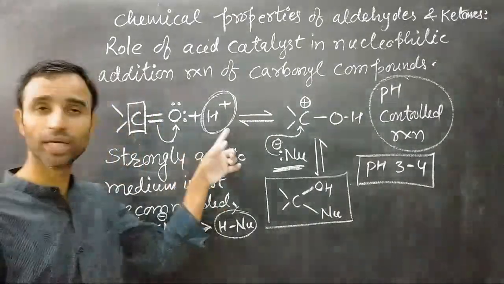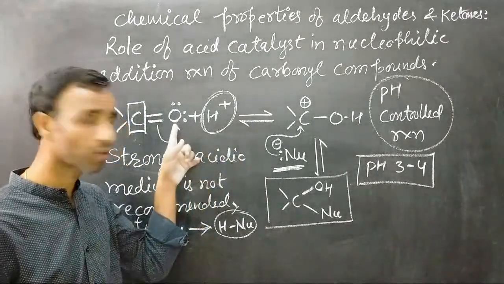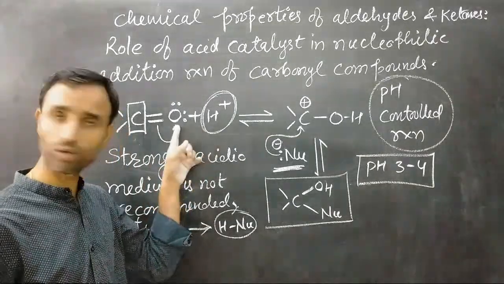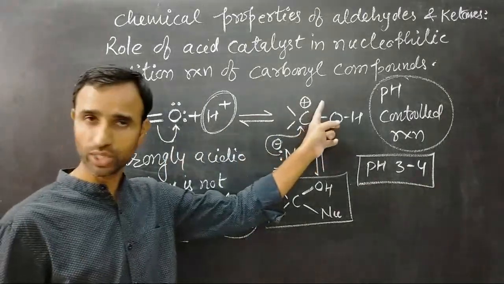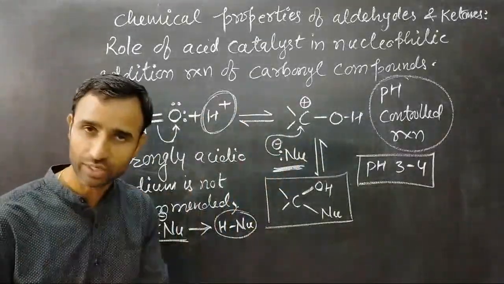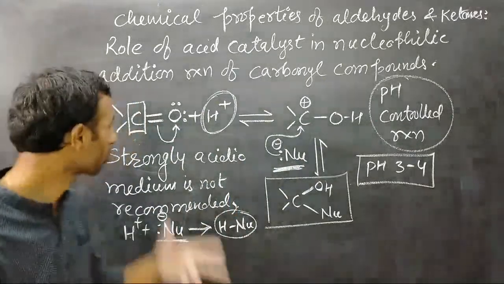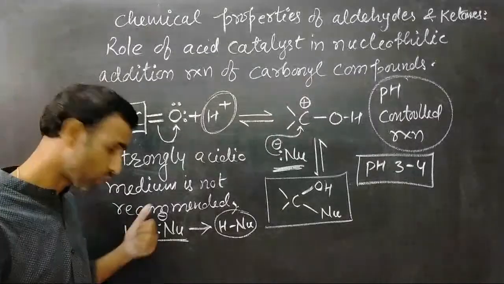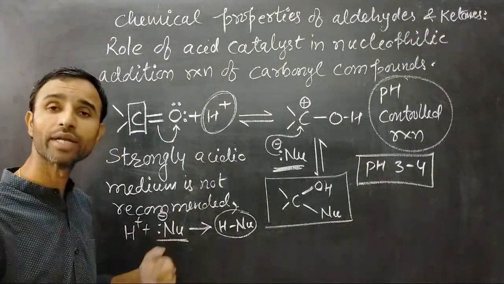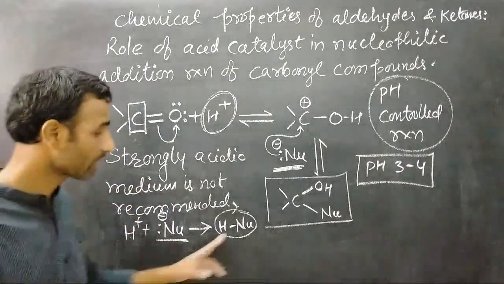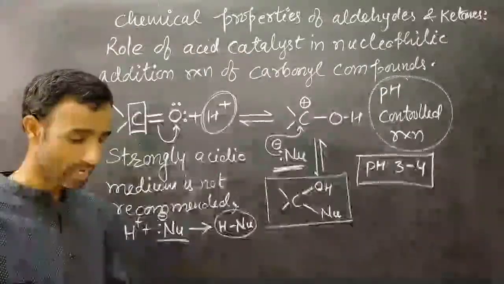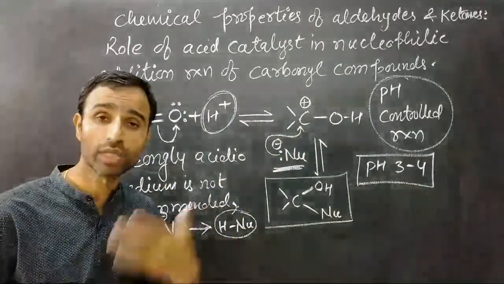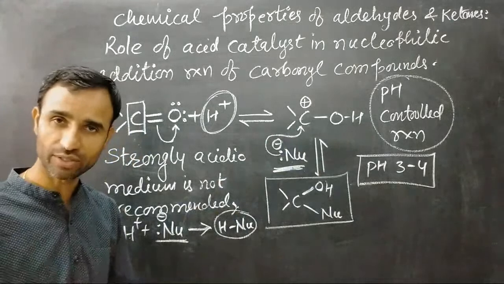First, acidic medium is favorable because it protonates the oxygen of the carbonyl group, and carbon gets complete positive charge. So attack of nucleophile is easier. But if medium is strongly acidic, then H plus ion will also attack on nucleophile and it loses its ability to act as a nucleophile. Rather than attacking on the carbon, it will attach to H plus because they are present in more abundance. Right?